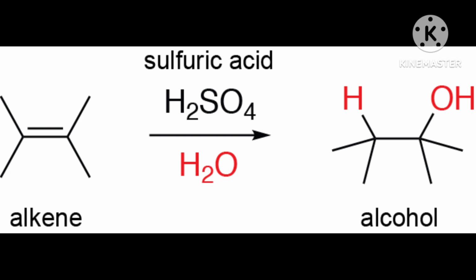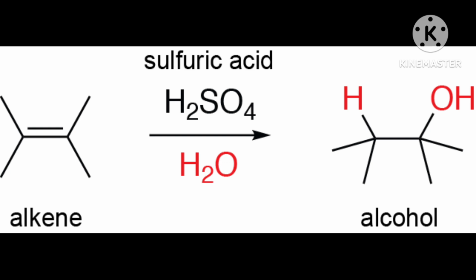Then the central carbon has three methyl groups attached and one OH group. That's why it is called 3-methyl propane 2-ol. The 3-methyl came automatically because CH2 became CH3; two CH3 were already attached, and an extra OH is also attached.